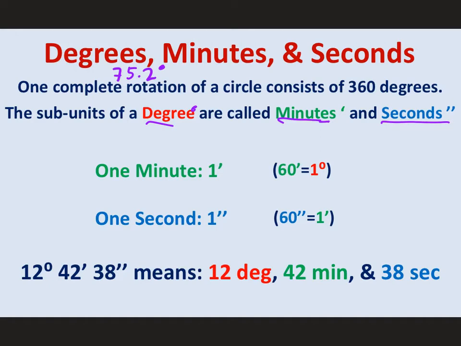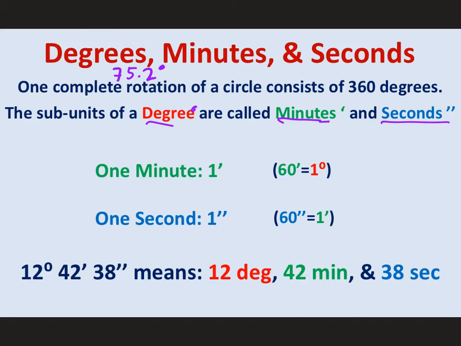Okay, here's how that breaks down. In every 1 degree, there are 60 minutes. To mark a minute, we just do one little dash above our number. So 1 degree has 60 minutes, kind of like 1 hour has 60 minutes. And in every 1 minute, there are 60 seconds, kind of like on a clock. Every 1 minute has 60 seconds.